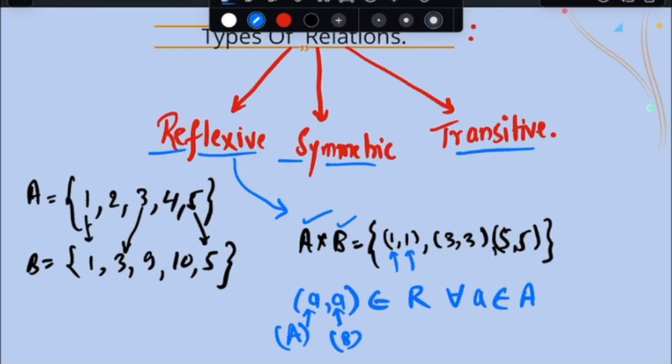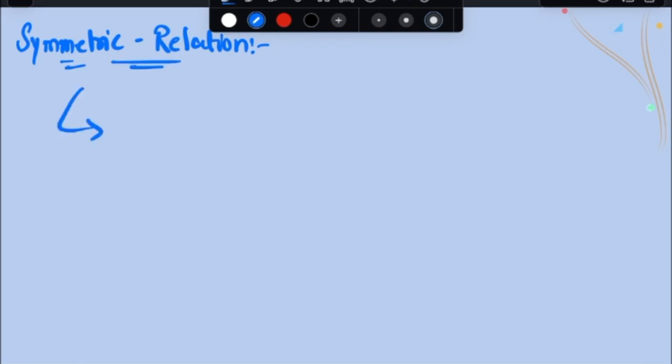Now what is symmetric relation? Symmetric relations are such that if the set contains elements like A comma B, it must contain elements like B comma A also.